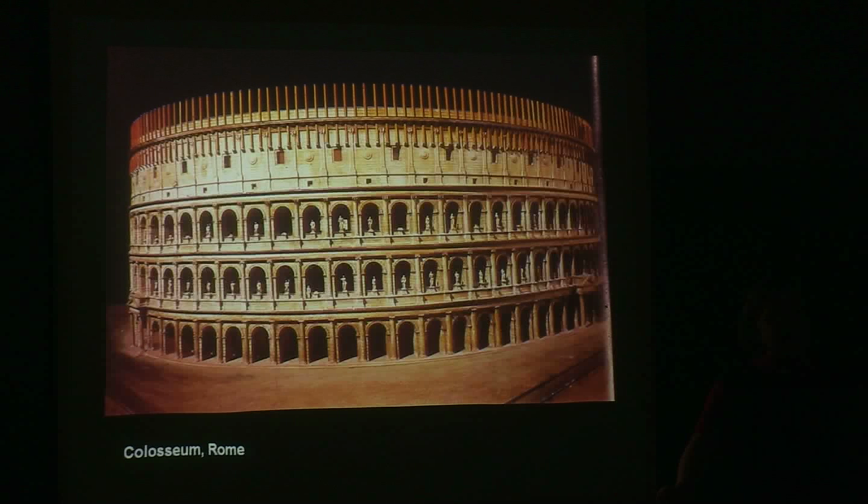It is in the center of Rome, a huge amphitheater, and it provided state spectacles of these gladiatorial shows with wild beasts, where the numbers of spectators ranged from 45 to 50,000 people at the same time.